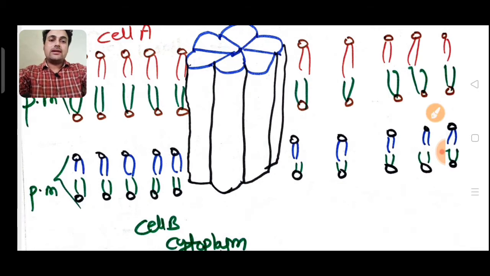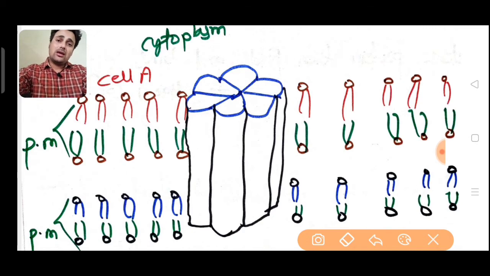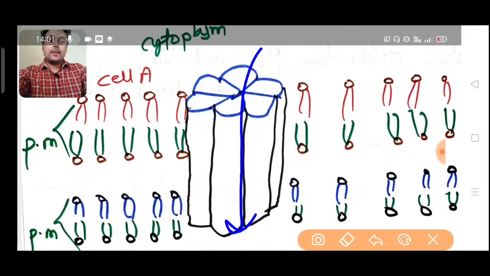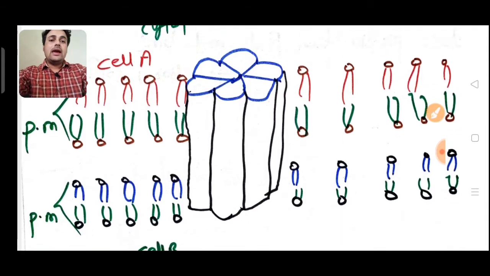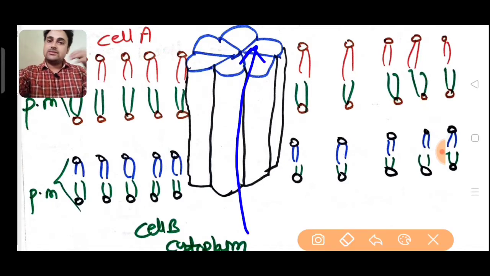Now how do they work? They provide a safe passage for transporting ions and small inorganic molecules from here to here, from cytoplasm A to cytoplasm B, and the reverse can also happen, from cytoplasm B to cytoplasm A. Now why are they created?